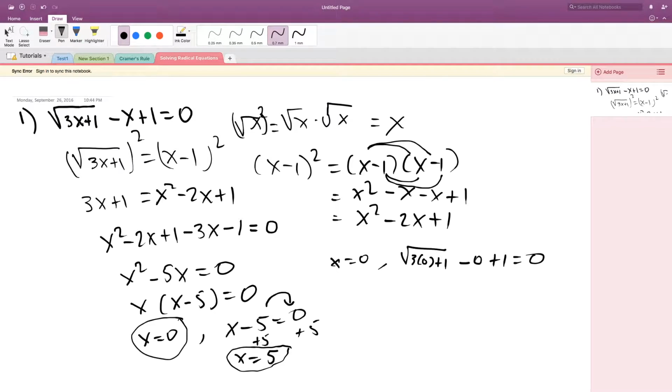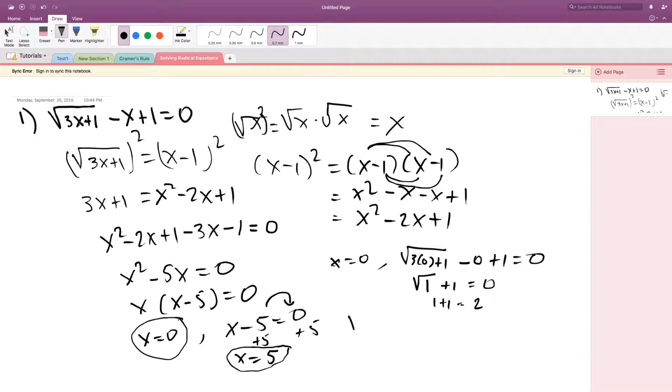Well, 3 times 0 is 0 plus 1, so that's just going to be 1, and that is also plus 1. This actually becomes 1 plus 1. Here we get 2. Oh, that doesn't work.